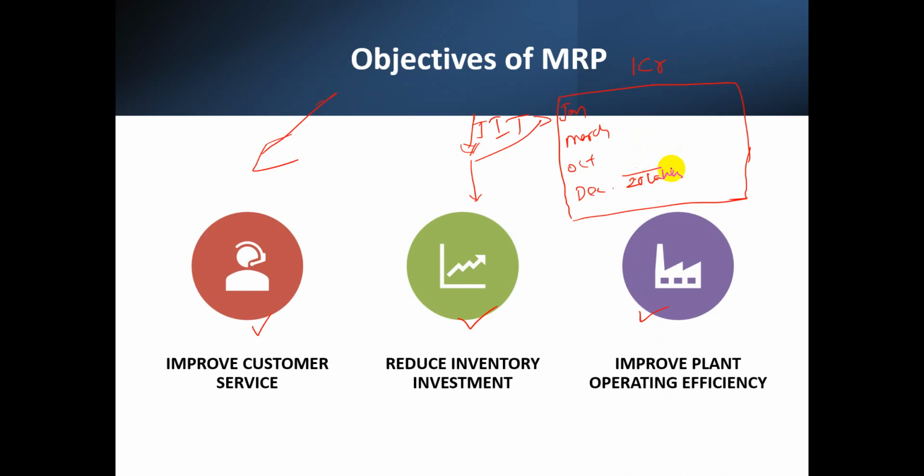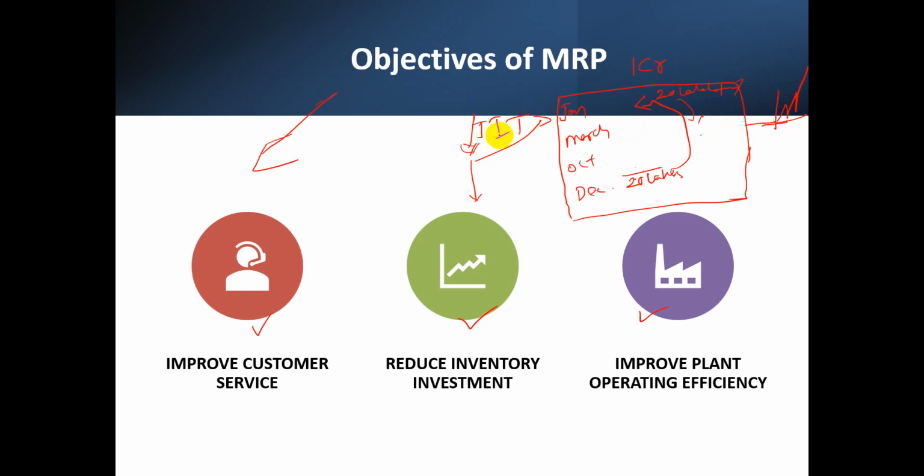But instead of that, you bring the material in January. You understand that 20 lakhs with the interest rate and the inventory, finally the inventory carrying cost will go very high. That's how these new methods are arising.